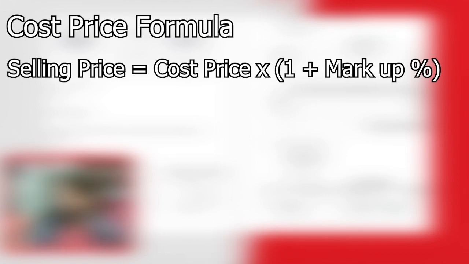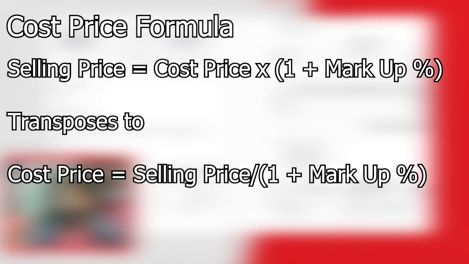Now, if we need to get cost price, because we know sales price, that transposes to a new formula: cost price equals selling price divided by, in brackets, 1 plus percentage.